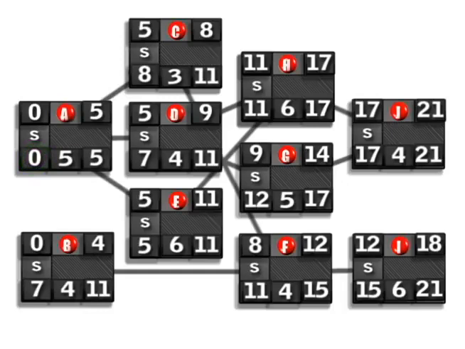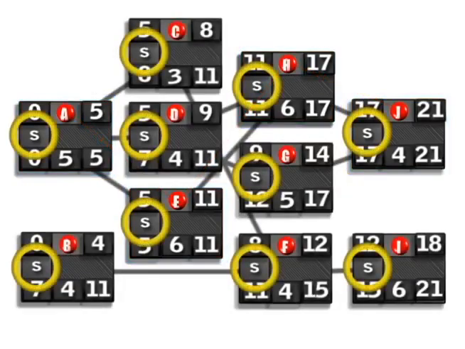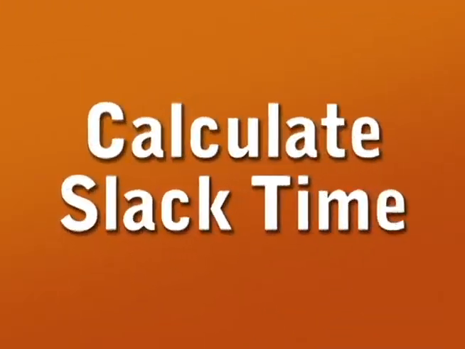We still don't have a lot of information. We can look at this and we probably could off the top of our heads identify the critical path because we know by definition that it's going to be the activities that have 0 slack. But now that's what this little box is for right here, is to calculate slack. And to calculate slack, we can do it one of two ways.